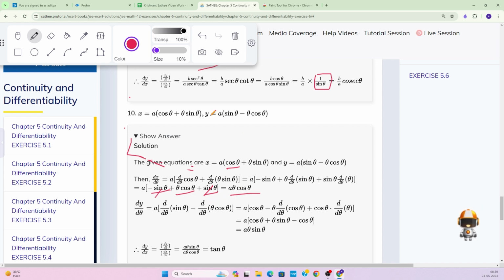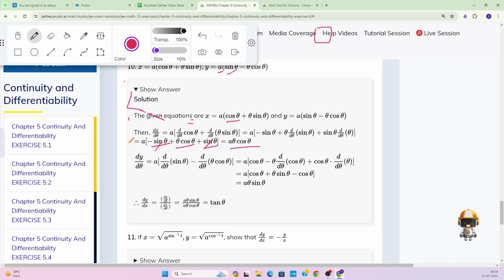Now for y, dy over d theta is equal to a multiplied by cos theta minus cos theta. Cos theta minus cos theta will be cancelled. Now it will be theta sine theta. So you will only be left with a theta sine theta. Okay, simple. So now, as you can see, dy over dx, just divide.